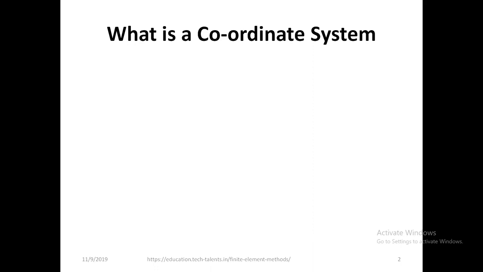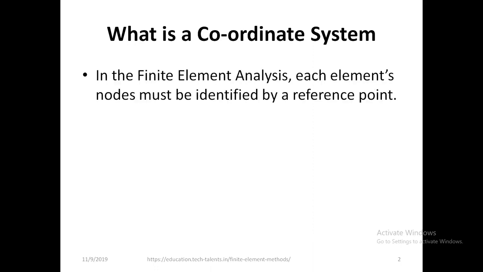Coming to coordinate systems, what is a coordinate system? Finite element analysis involves dividing a big complex object into small elements. Those elements must be identified by a reference point.